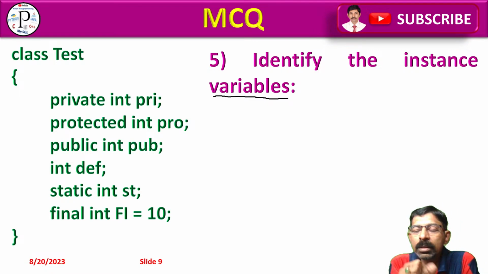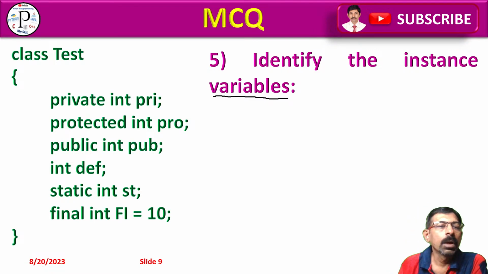It is related to the method and the instance variable, how they are interrelated to each other, how the method is accessing the instance variable, how the method is manipulating the instance variable, and those two are part of the class. So that's why it is called encapsulation, binding the method and variable into one unit. int def is an instance variable.